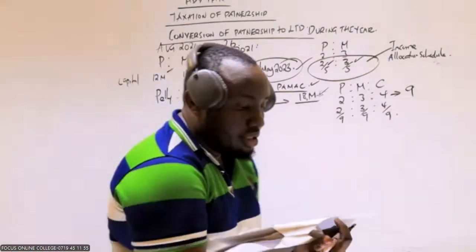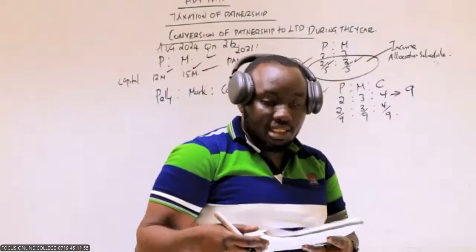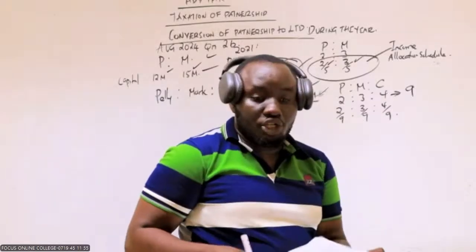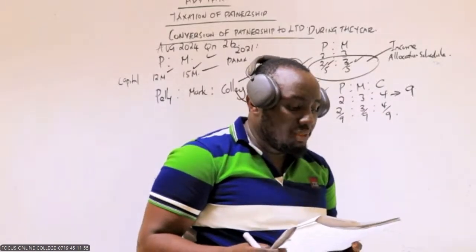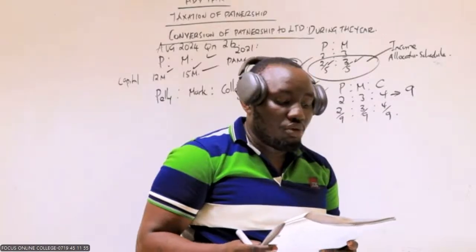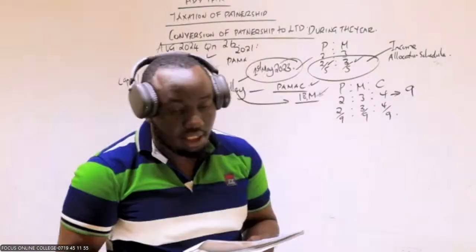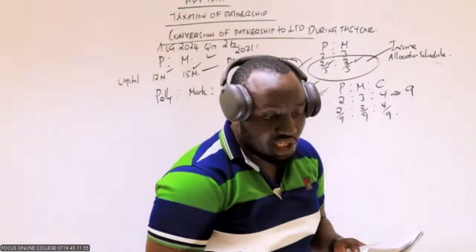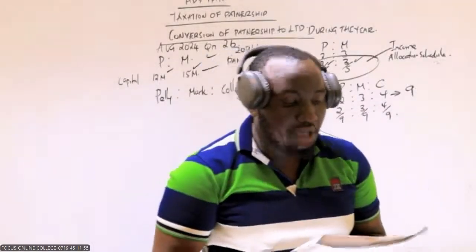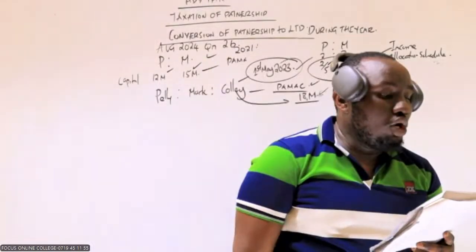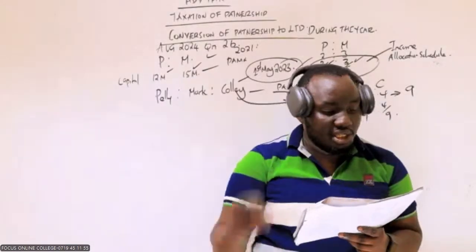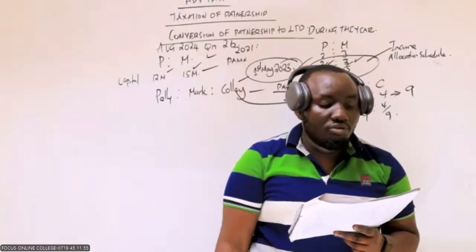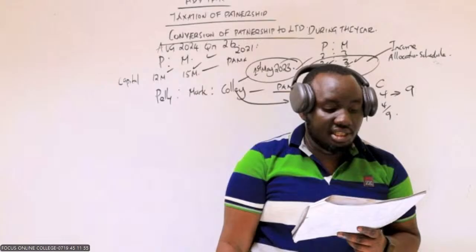So we come to this other part, the additional information. The examiner tells us that the following information was extracted from business records for the year ended 31st December 2023.